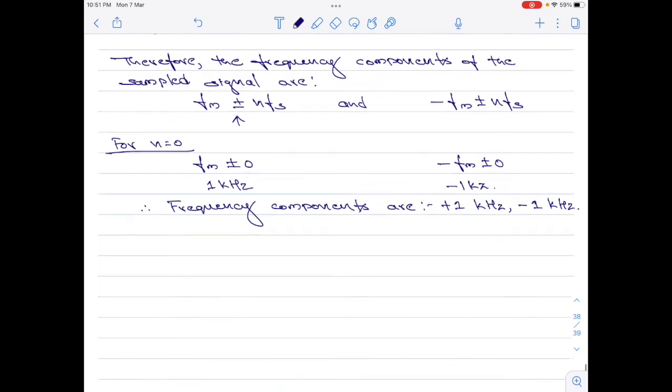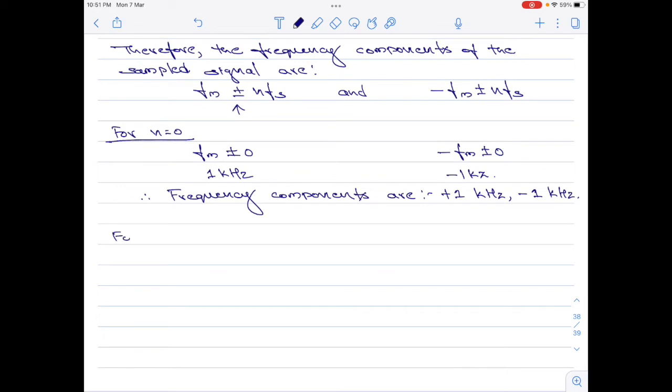Let us now move on and find the same for n is equal to 1. For n is equal to 1, the first frequency component is Fm plus or minus 1 Fs and this will be minus Fm plus or minus 1 Fs. So, this will be 1 plus or minus 1 into Fs is given as 1.8 and this is minus 1 plus or minus 1 into 1.8.